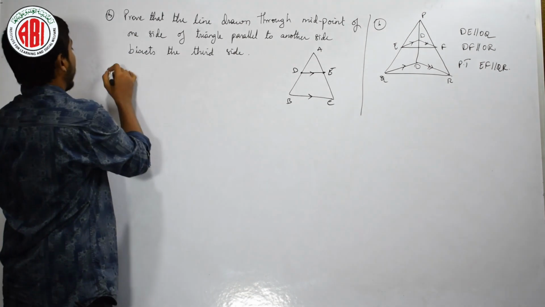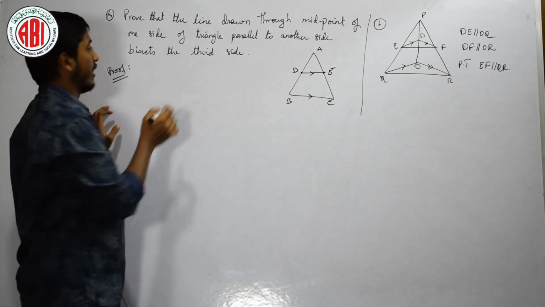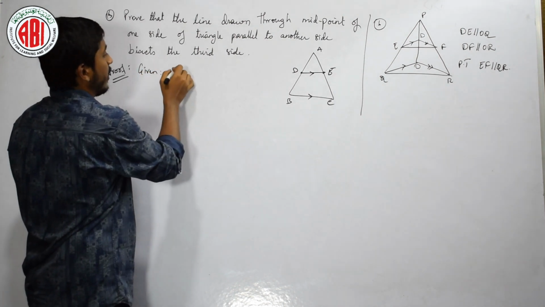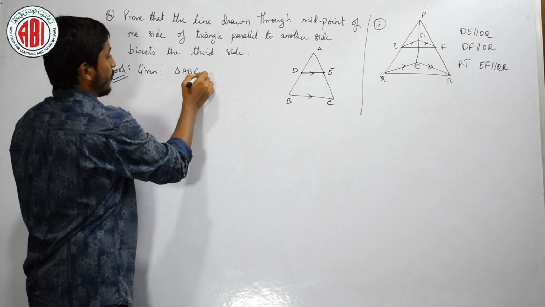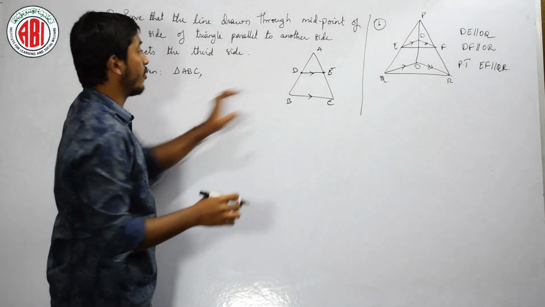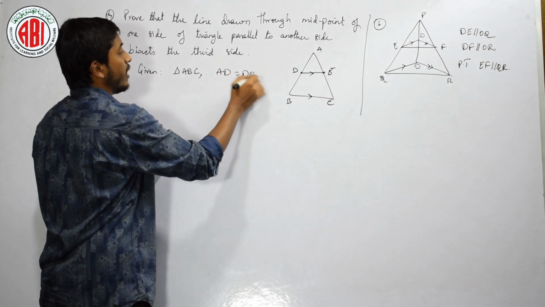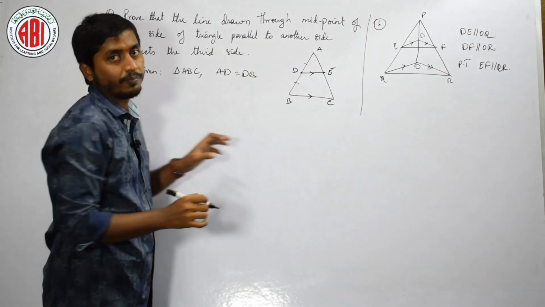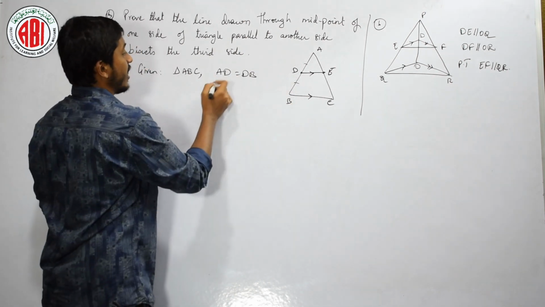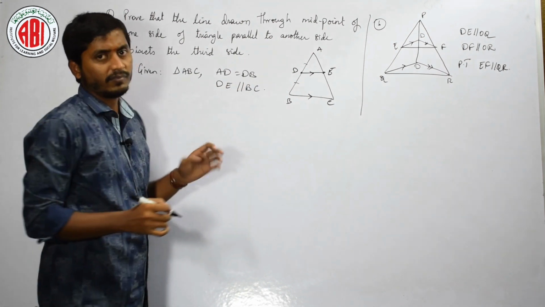See here, let us prove what he is telling. Given: triangle ABC, right? Here D is midpoint. What does this mean? D is midpoint means AD is equal to DB. These both are equal, isn't it? And one more condition he gave, that DE is parallel to BC, right?